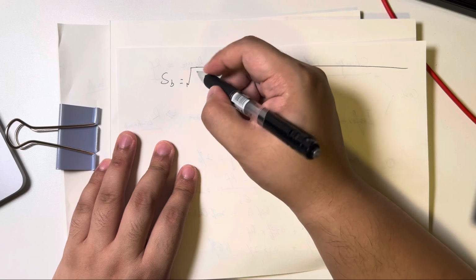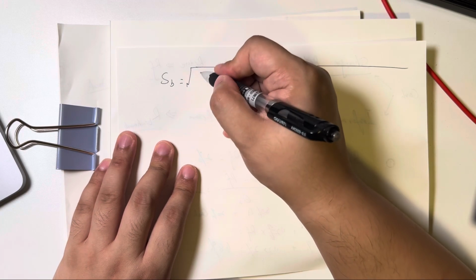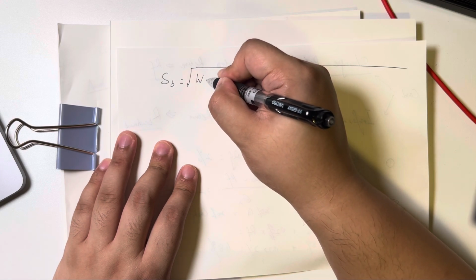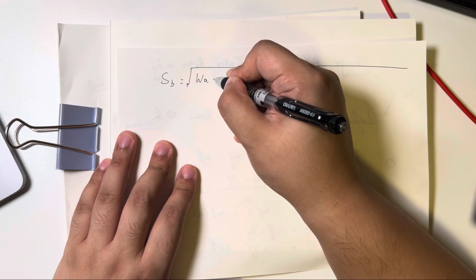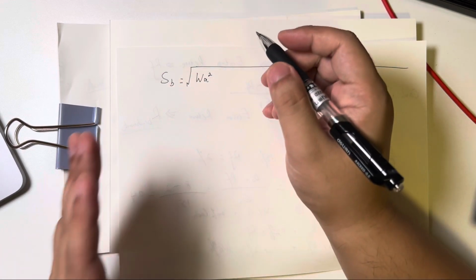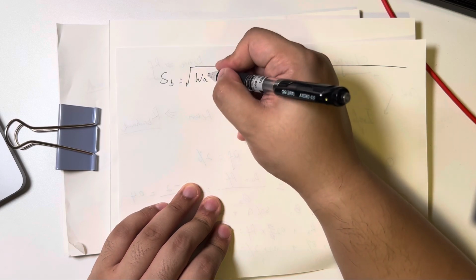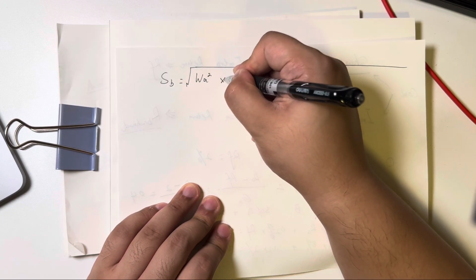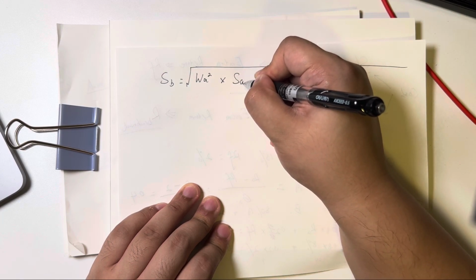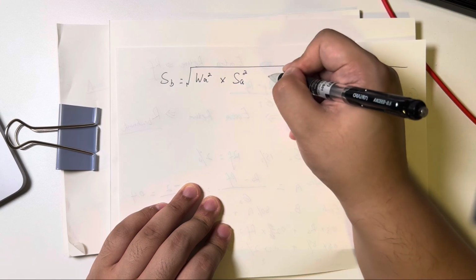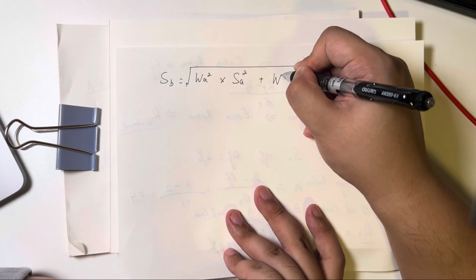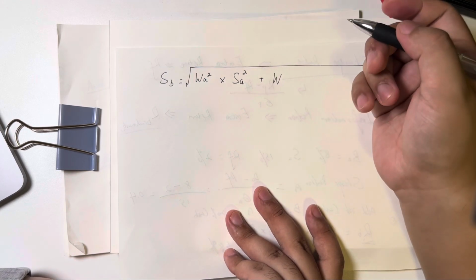So we got the weights of the asset A in the portfolio B, so weight of A, and we're going to square it, okay, and we're going to multiply the standard deviation of asset A, and then we're going to square it, and then we're going to plus the standard deviation of the cash.